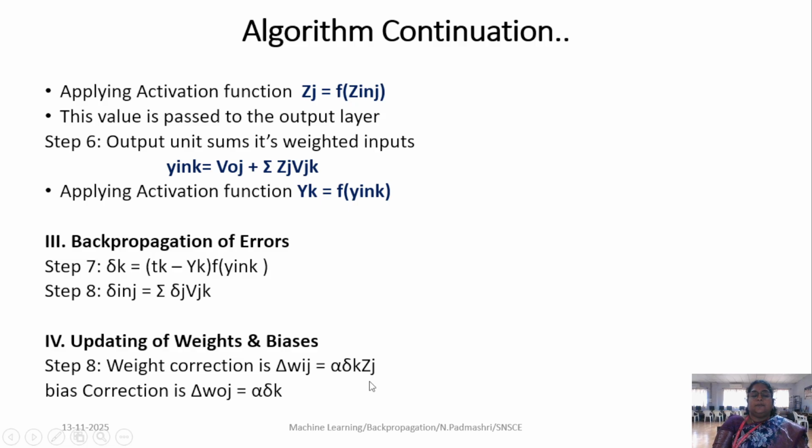And the bias correction also: delta w_ij is a weight and delta w_oj is a bias, that you need to remember. Wherever it is ij, it is a weight correction, and wherever it is oj, it is a bias correction, equal to alpha, the change in the weight, and here the change in the bias, into delta k.